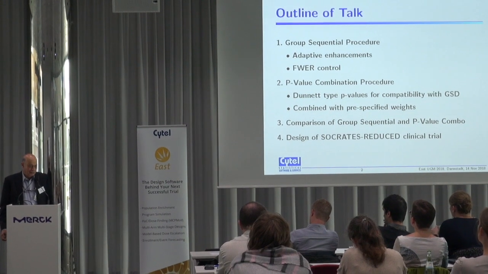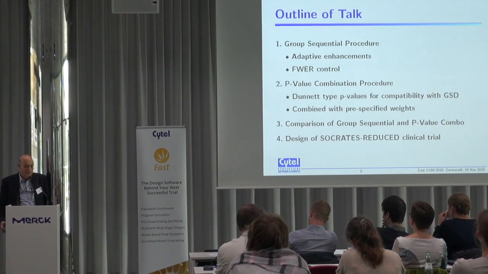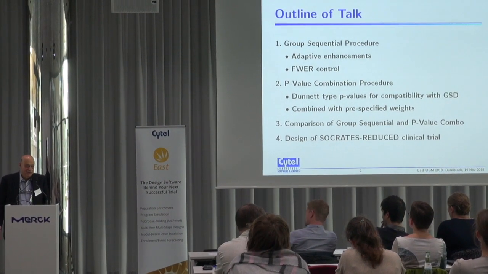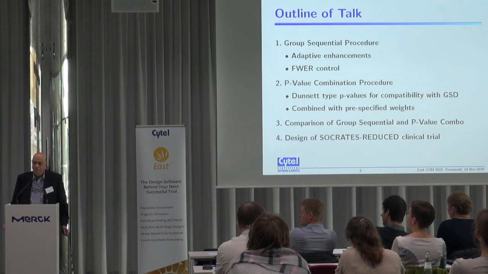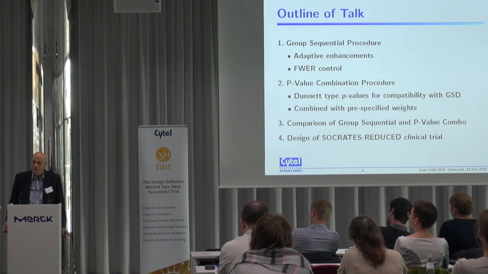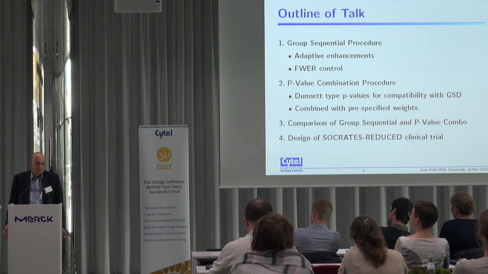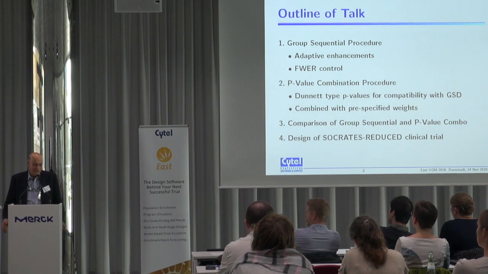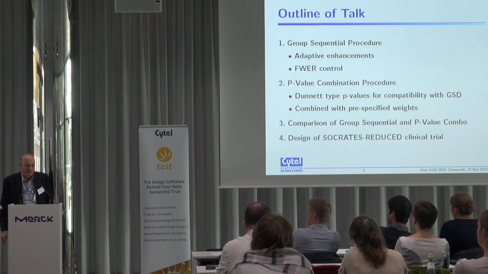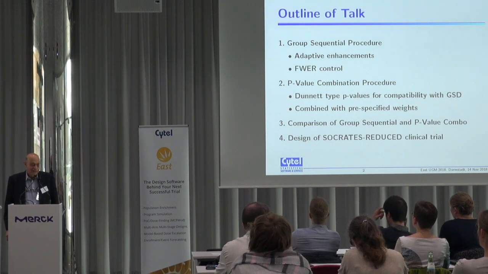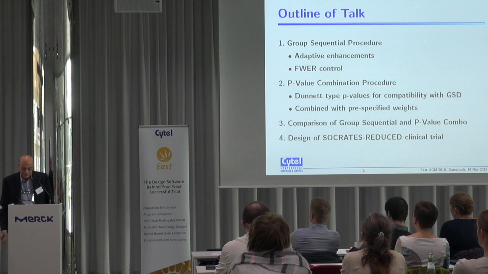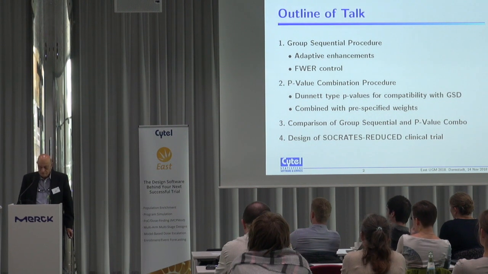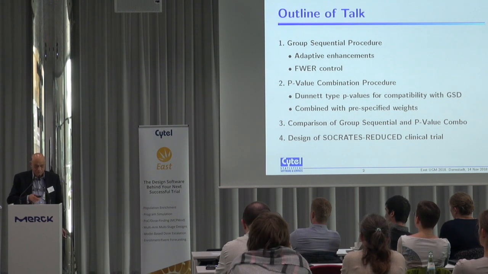And I'll try to compare the two as apples to apples in the sense that we will use the same test statistic for the two approaches. And then we'll do a head-to-head comparison of the two. And then finally, I'll introduce an actual clinical trial where we use some of these methods.